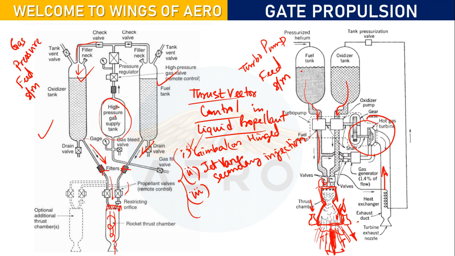Even the gimbals are also used. If you see the back of the rocket, you'll be having something like this. Have you ever seen that? Yeah, this same thing can be used in solid propellant also.